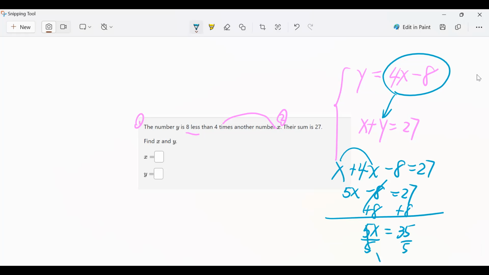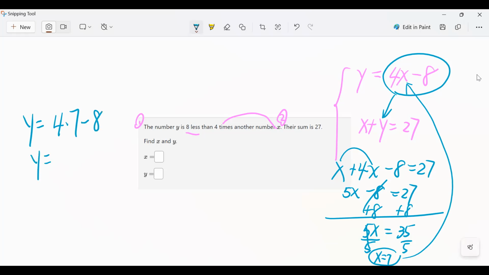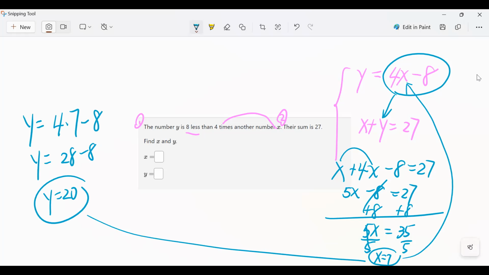So x equals 7. Now once you figure out the x, replace the x with 7 here. So the y value equals 4 times 7 minus 8. 4 times 7 is 28 minus 8 equals 20. As you can see, if you add 20 and 7, it's 27, so it satisfies the second equation.